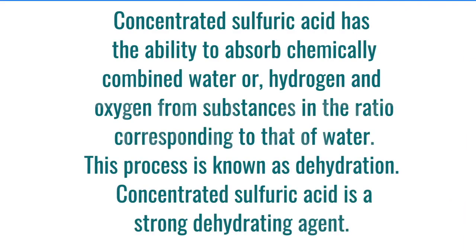So, concentrated sulfuric acid has the ability to absorb chemically combined water or hydrogen and oxygen from a substance in the ratio corresponding to that of water. This process is known as dehydration. Concentrated sulfuric acid is a strong dehydrating agent.